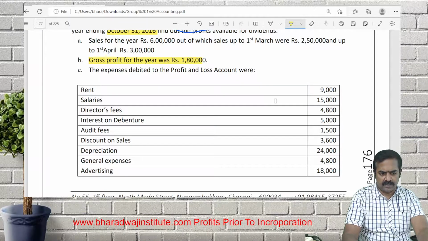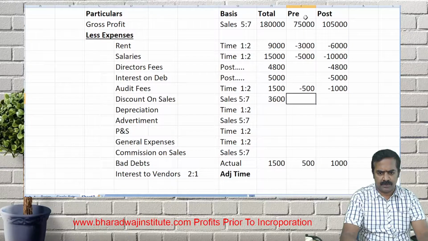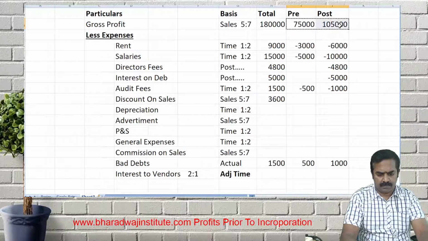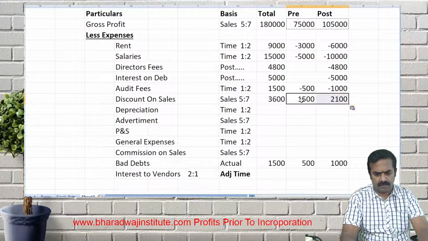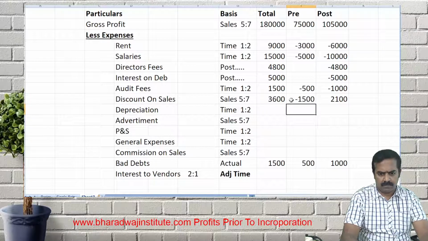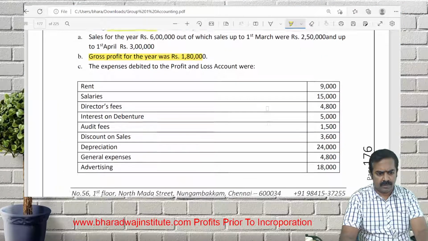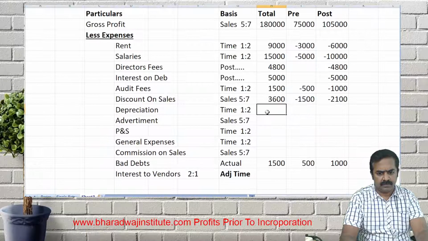Discount on sales, sales ratio. Depreciation, 8,600.